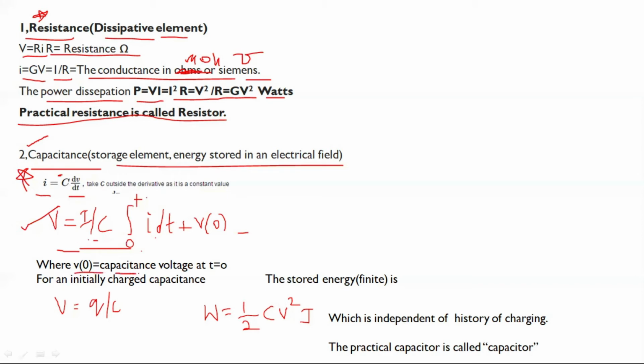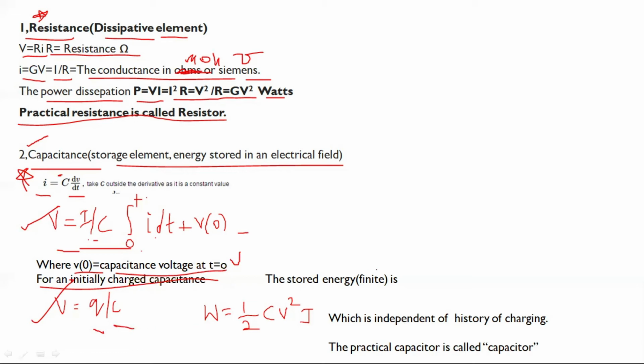V0 is the capacitance voltage at time T0. For an initially charged capacitance, the formula will be V is equal to Q by C. Q is in coulombs, C is in farads.